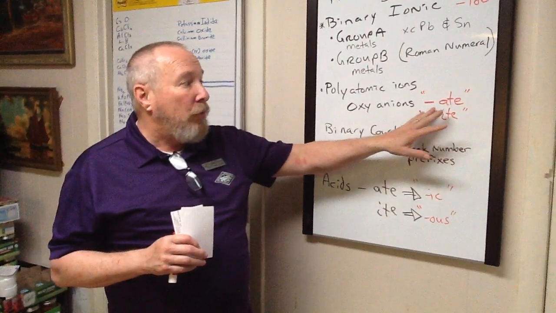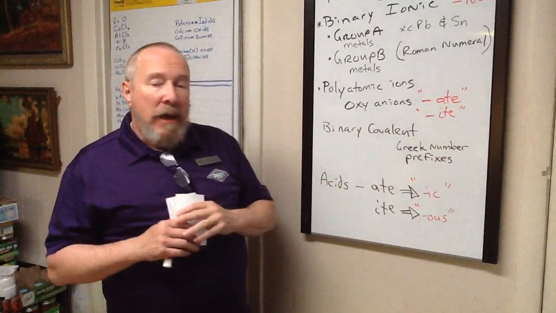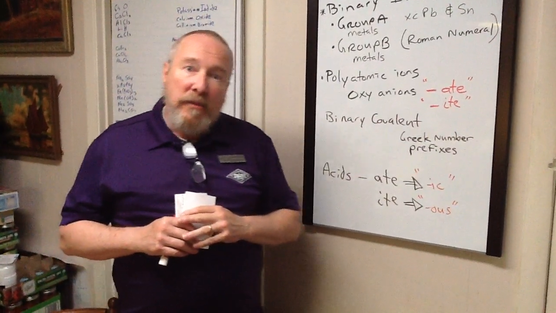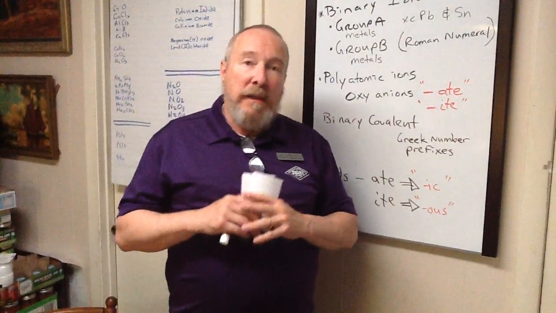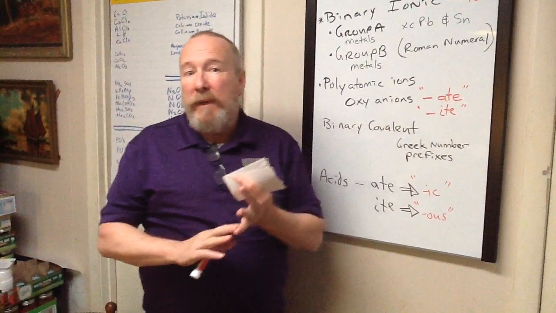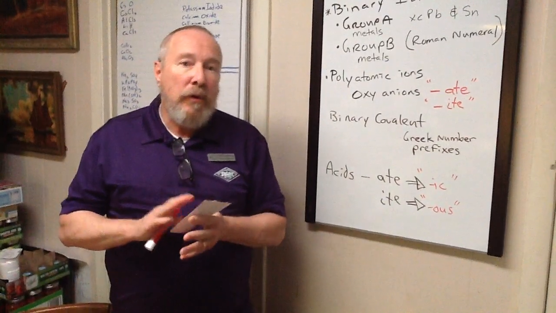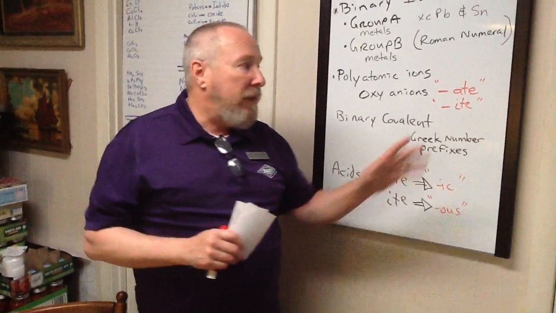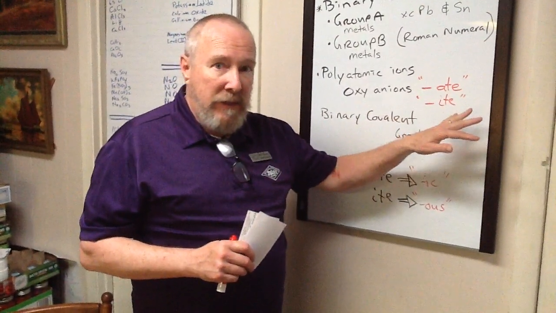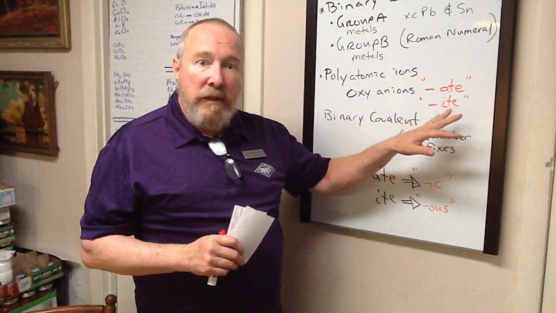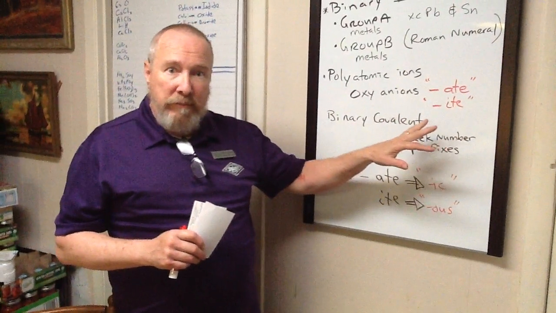We have some rules for naming them. When these oxyanions, and the examples you've heard of them, carbonate, phosphate, sulfate, chromate, chlorate. When you see that -ate on the ending, that is indicative of an oxyanion.